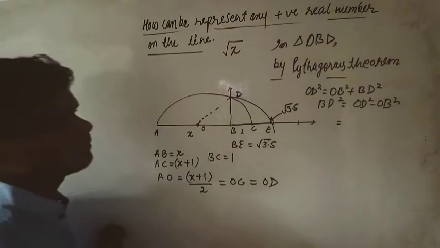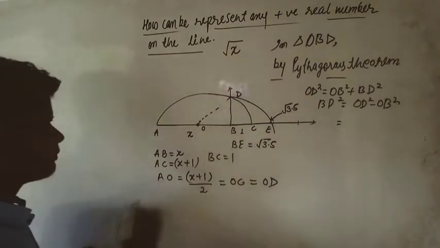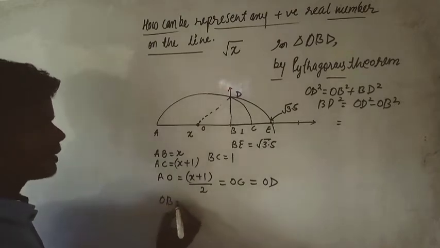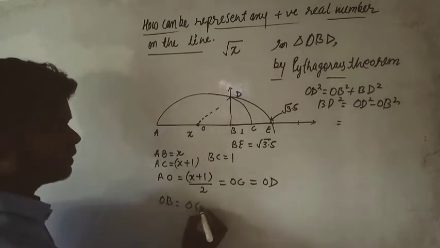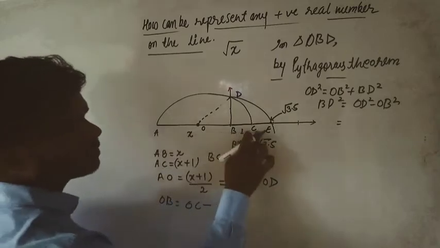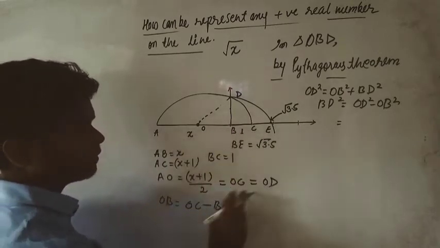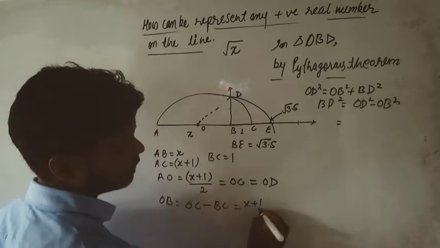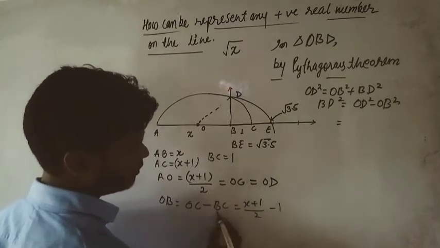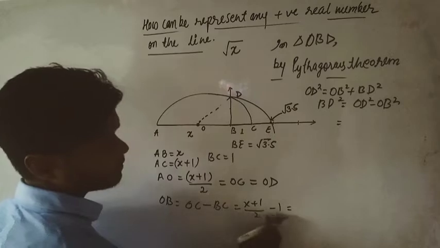Let us consider the value of OB. See here, OB is equal to OC minus BC. The value of OC is equal to (x plus 1) by 2, and the value of BC is 1 unit.